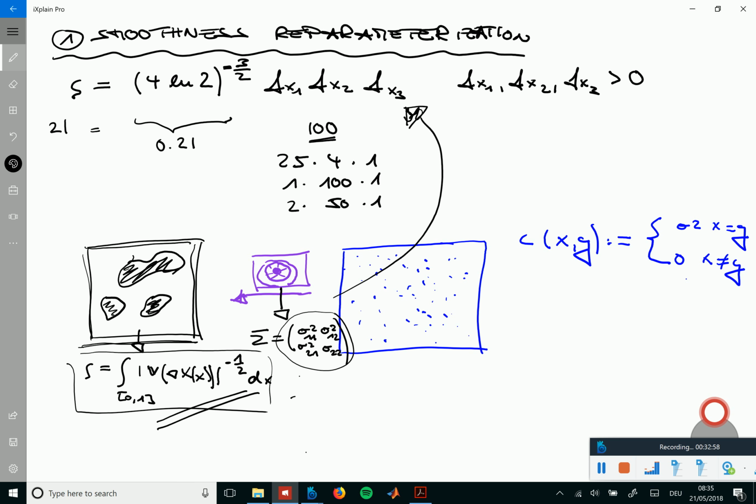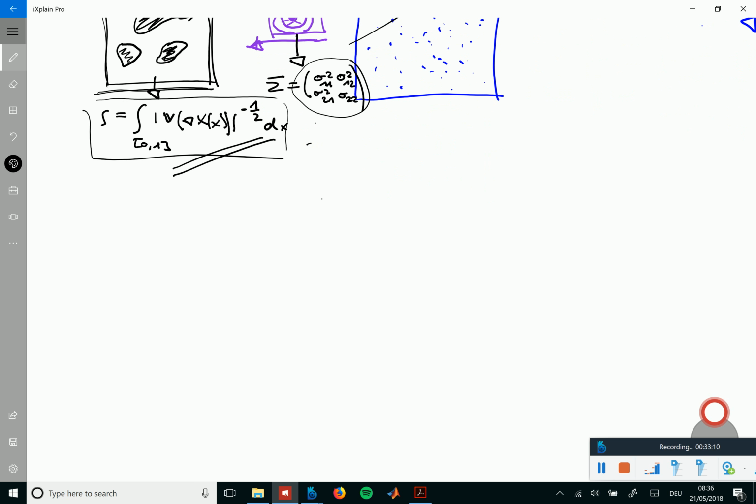Let's now deal a little bit more with this idea of full width half maximum. The next thing that I want to introduce is full width half maximum for a Gaussian kernel.